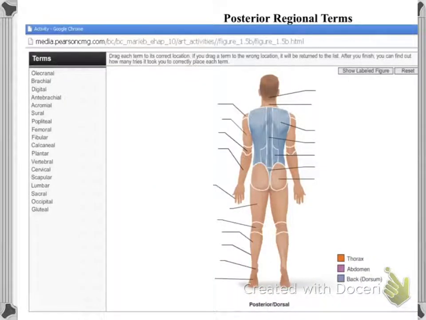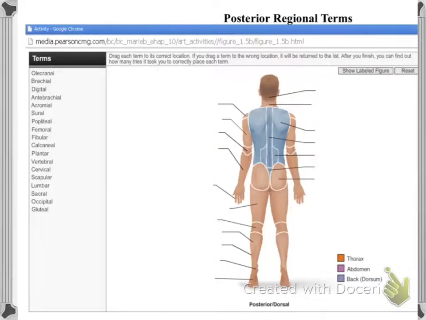Next, we're going to move on to the posterior side of the body and look at those regions. The back of the head is the, nope, not cephalic. My fault. It is the occipital.